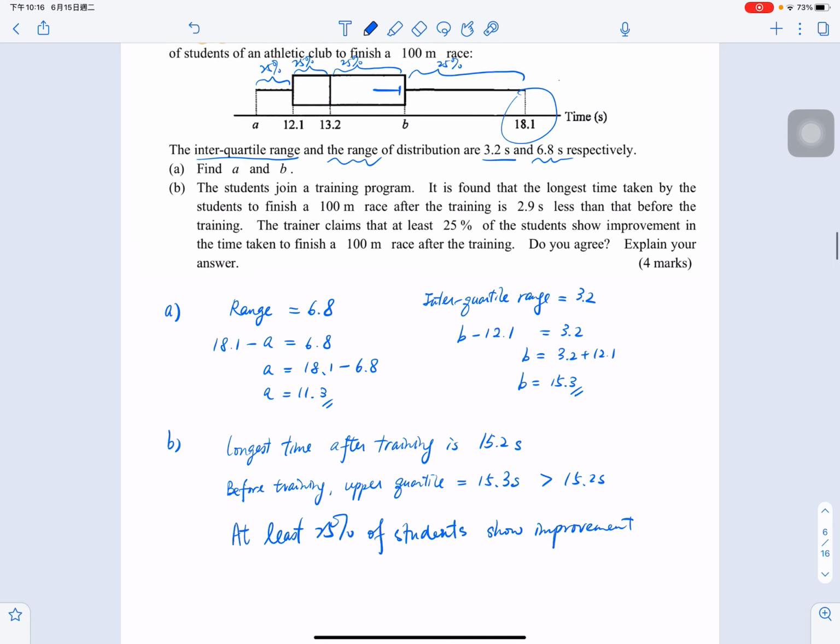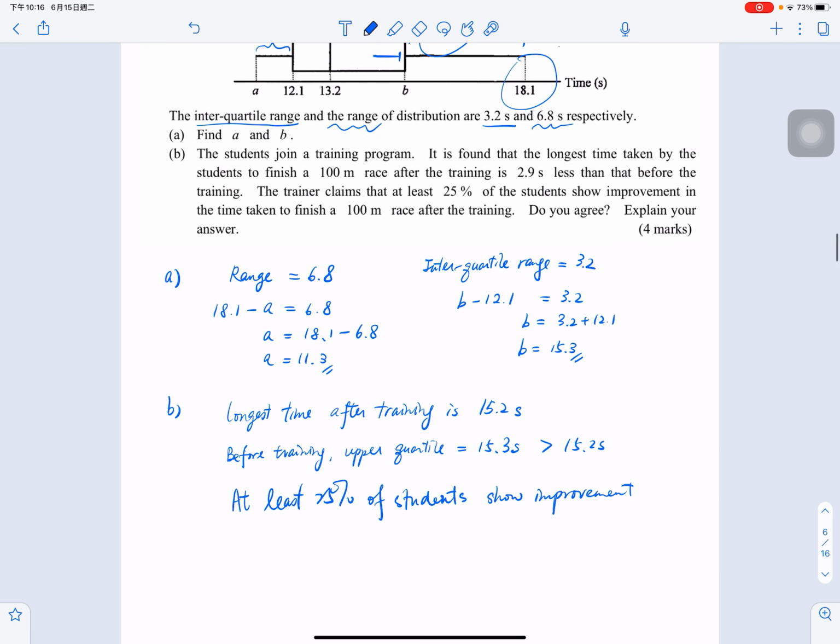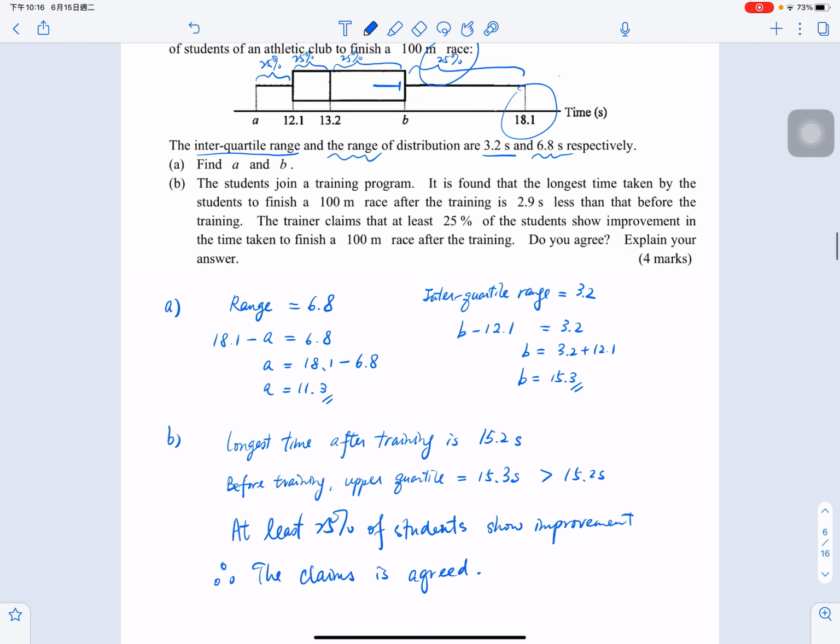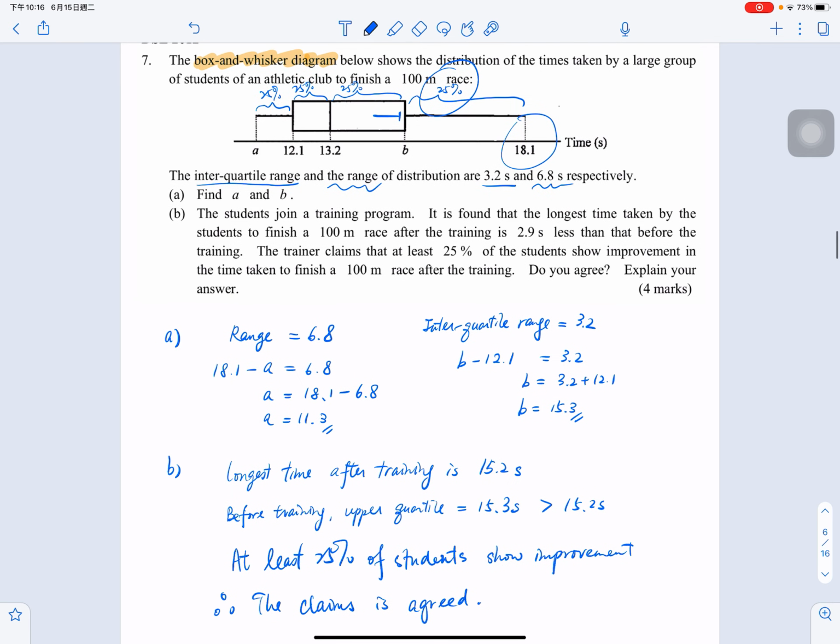So you see that here 25%, right? So the claim is agreed. Okay, so hope you understand the box and whisker diagram.